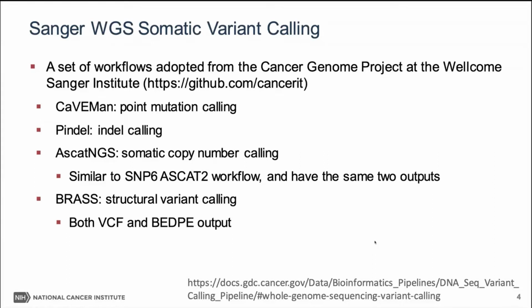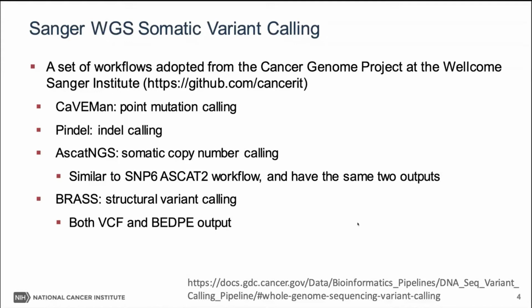It will also be analyzed by a similar algorithm, and you'll see a workflow called ASCAT2. It will generate exactly the same kind of output. So I will move the discussion of ASCAT-NGS into that portion of the presentation, and I'm going to cover the 4th caller here. It's a structural variant caller called BRASS.